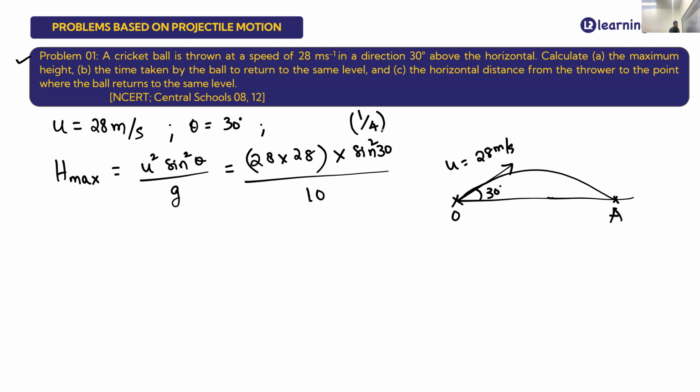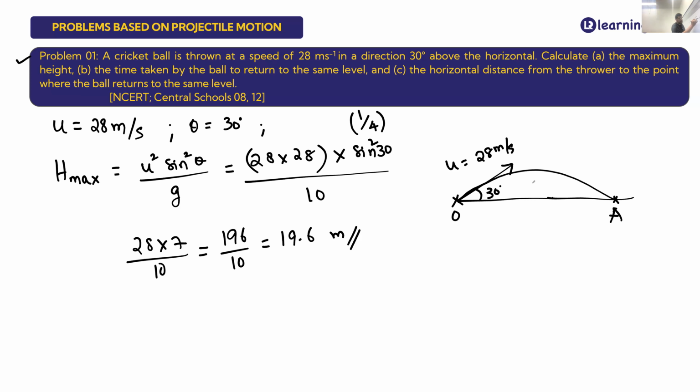So 1 by 4 will cancel this 28 7 times. So 28 into 7, the whole divided by 10. What is 28 into 7? It is going to be 196 divided by 10, which will be 19.6 meter.